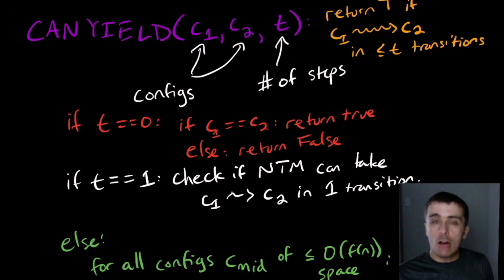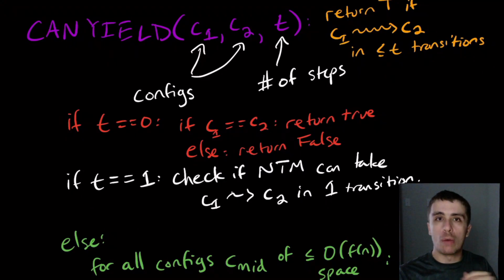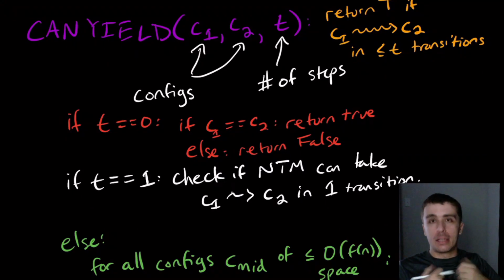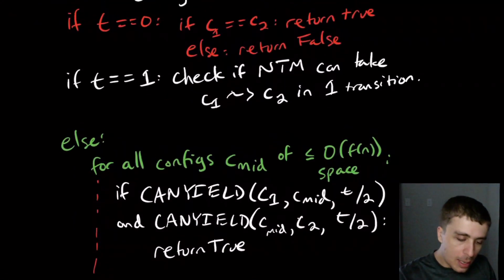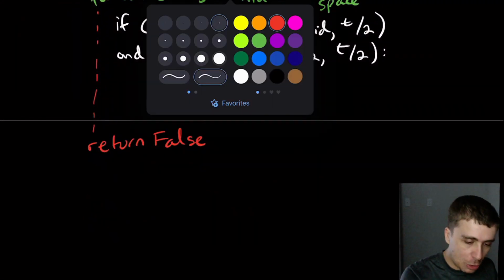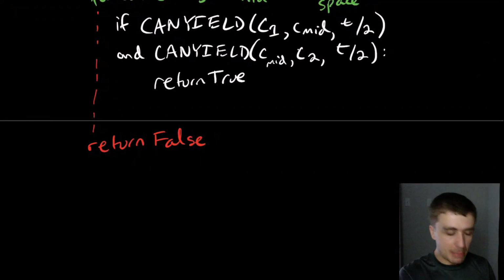Well, what should we do on the initial call? When we get the Turing machine, the non-deterministic machine, what should C1 be? What should C2 be? What should the time budget be? The number of steps needed? And that's actually really easy. So let's just say that I'm trying to simulate this machine.